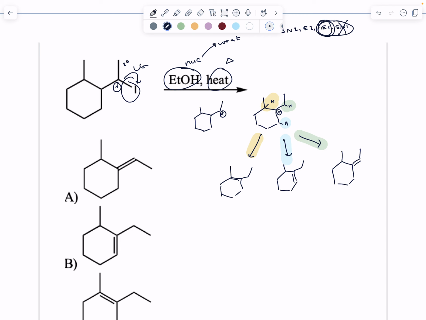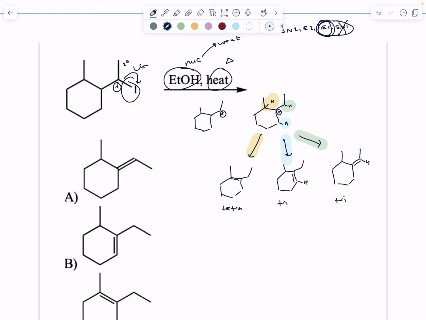So I'm looking to see which one of these is the most stable. Actually, I'm just looking at all the options. This is tetrasubstituted, this is trisubstituted, and so is this trisubstituted.